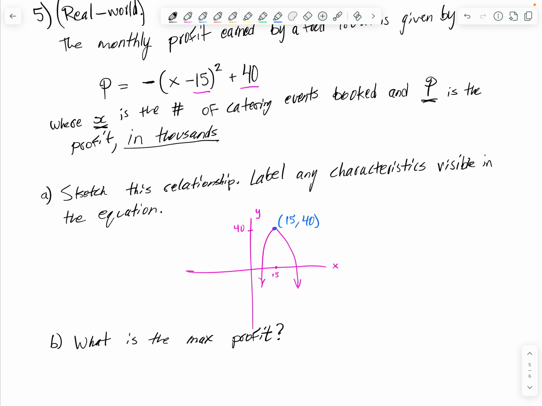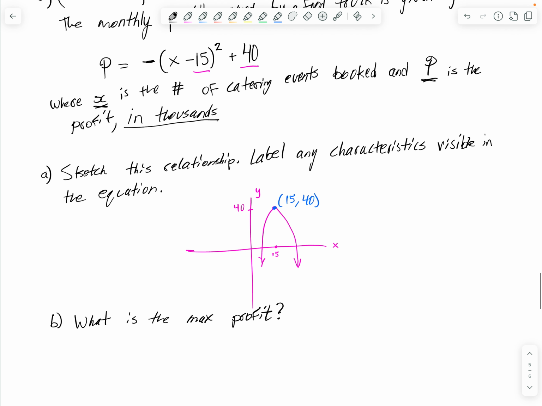What I want you to realize here is, like we said, it's in vertex form. So the maximum of this graph literally, and it told me to find the max profit, but it's clear that it's opening down, so they didn't have to tell me that. It's redundant, but I can see the max here. The y value is 40. So what is the max profit?